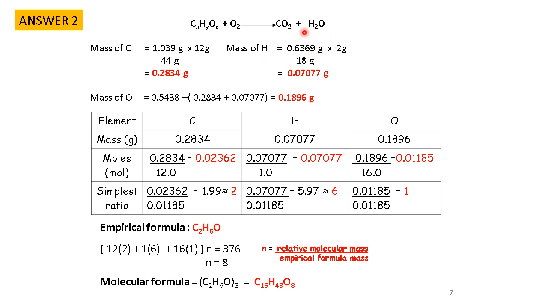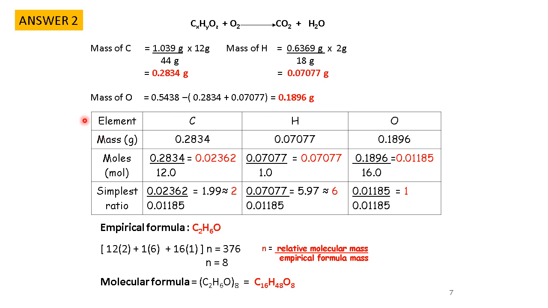So 2 refers to the mass of hydrogen over here, and then 18 is the molar mass of water. Always remember, must write down the unit, gram. So the mass of oxygen we calculate by using the total mass of the compound minus the mass of carbon and minus the mass of hydrogen. So we get this value.